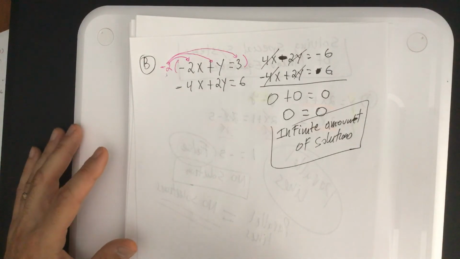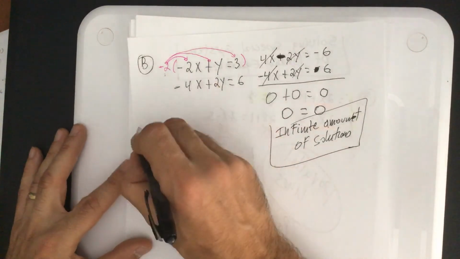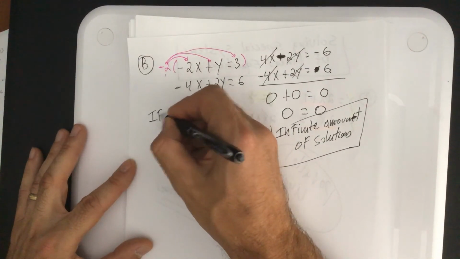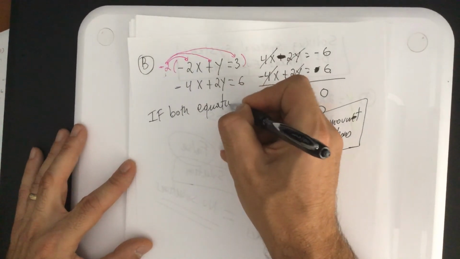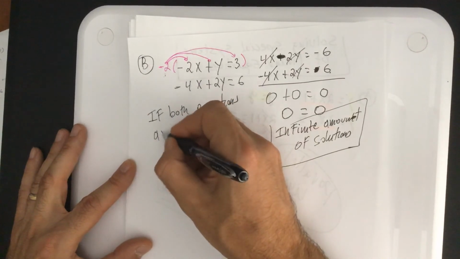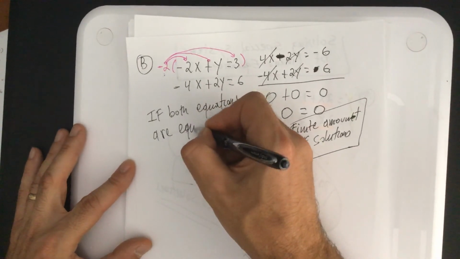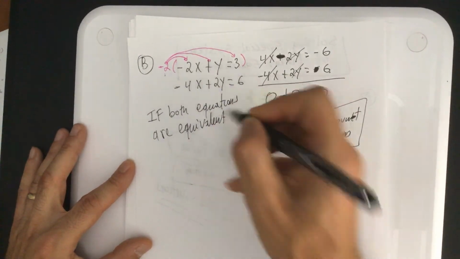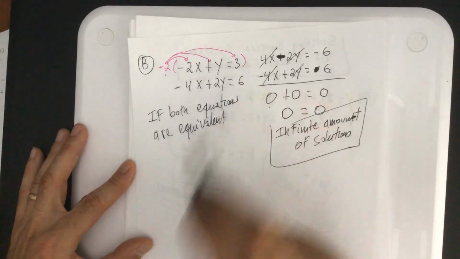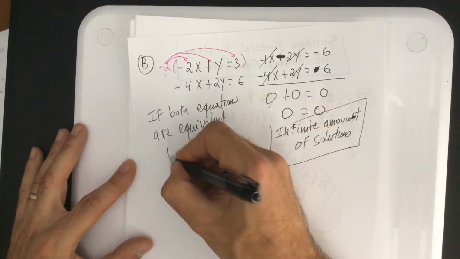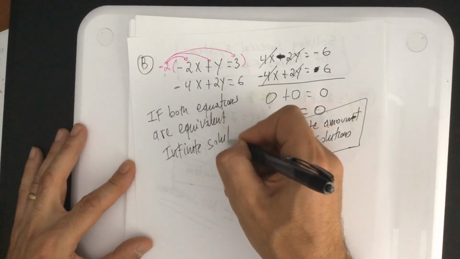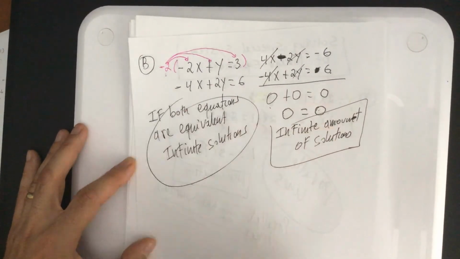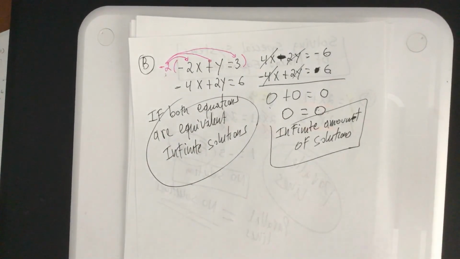So that means that if both equations are the same, are equivalent, that's what happened, right? They're the same. So that means that we have infinite solutions. So those are two special cases.